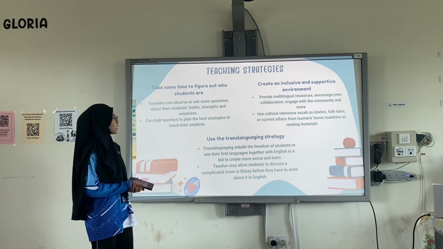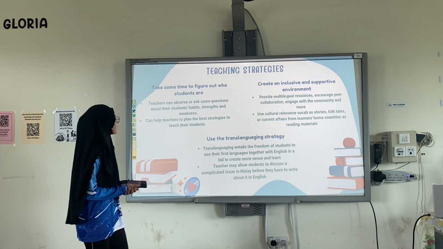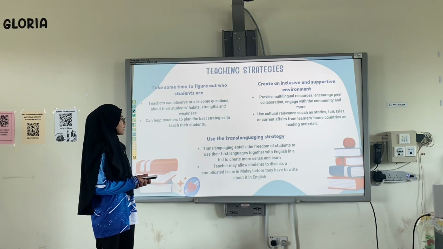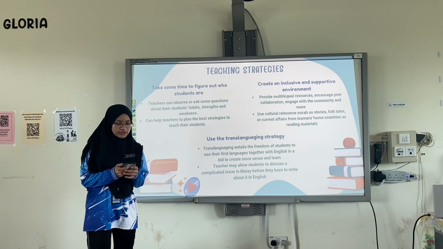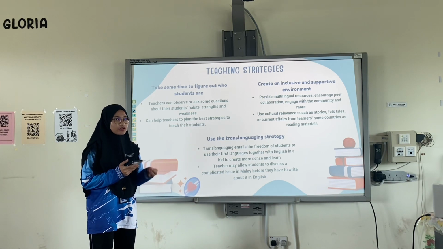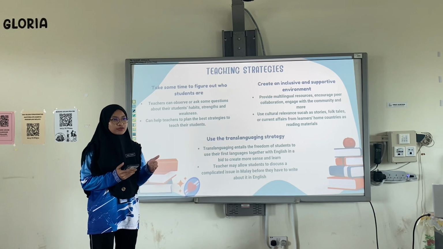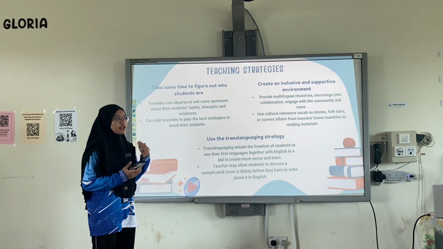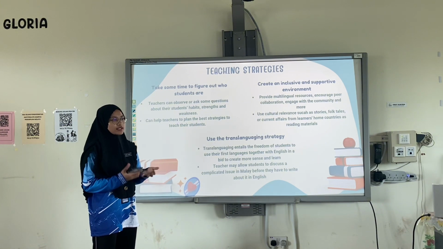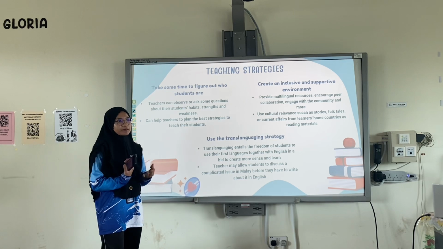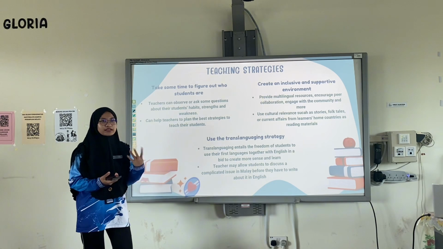First, it takes some time to figure out who students are. Teachers can observe or ask some questions about the students' habits, strengths, and weaknesses. That means, before the learning process, teachers must know who their students really are. So, in the early classroom, a teacher can ask questions about strengths or weaknesses, or what the children like or don't like.